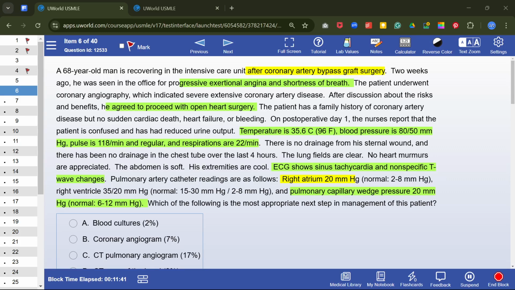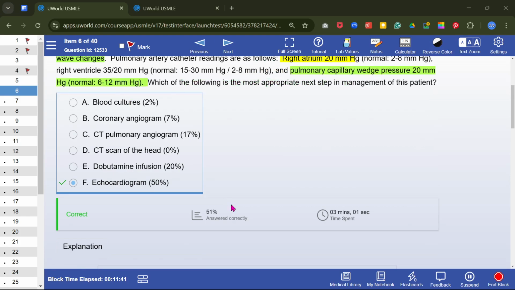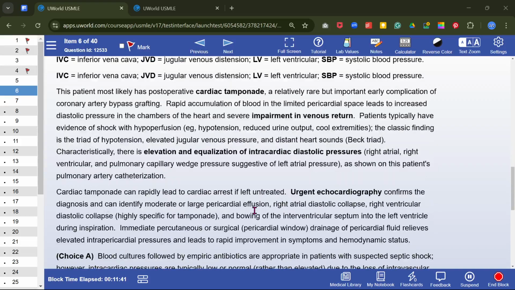Okay, I'm reading the explanation. So this patient most likely has a post-operative cardiac tamponade, a relatively rare but important early complication of coronary artery bypass graft.